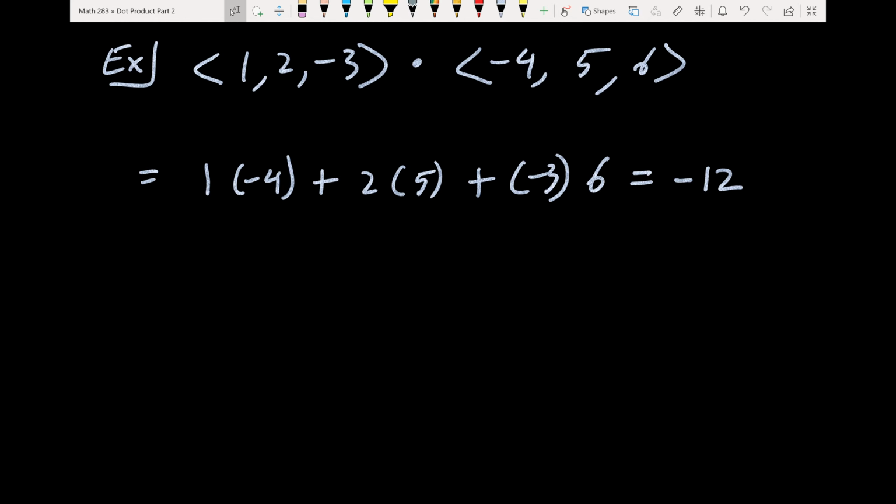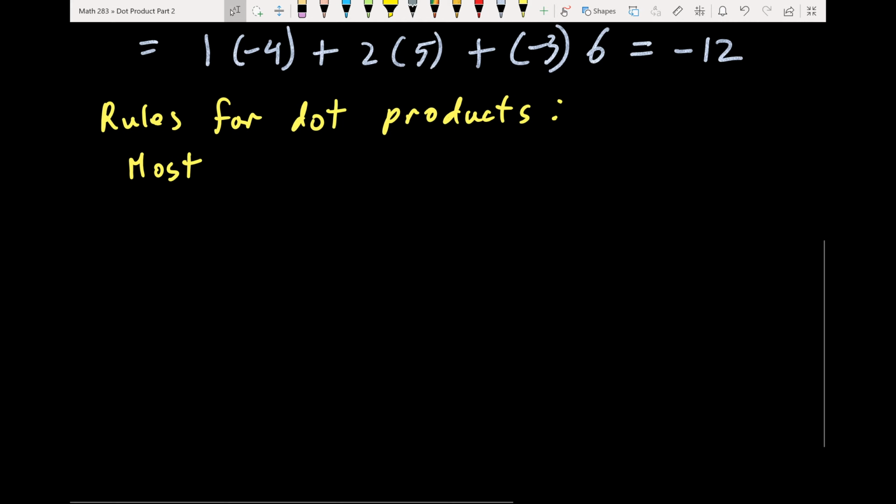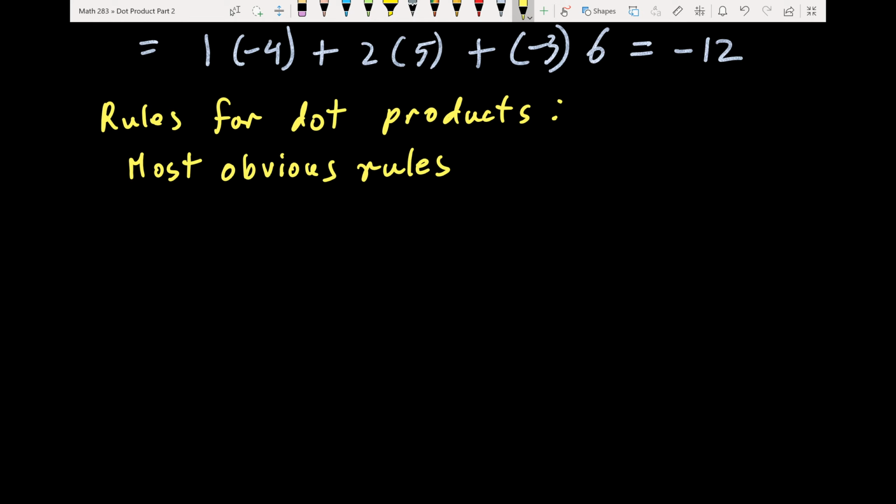All right, rules for dot products. Most obvious rules are true.